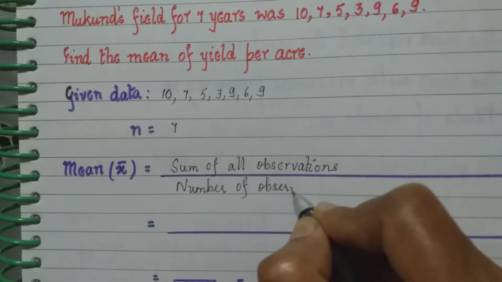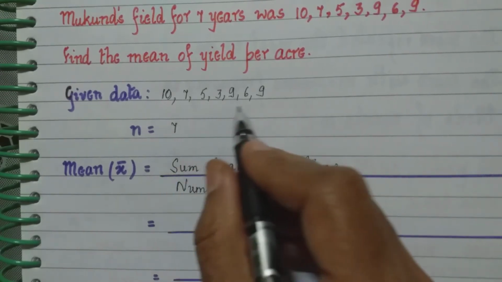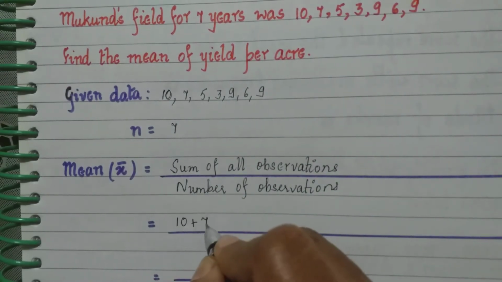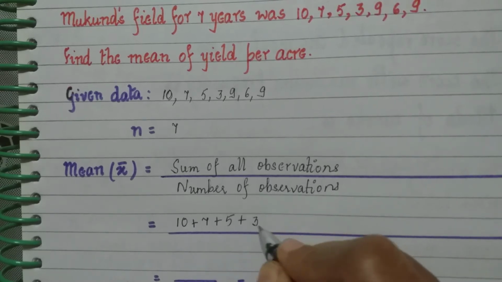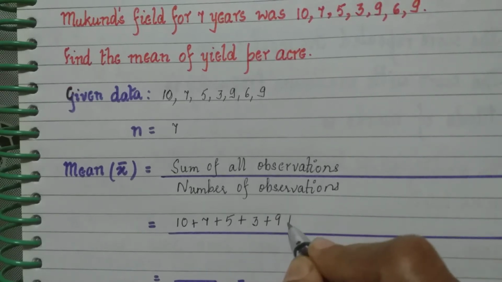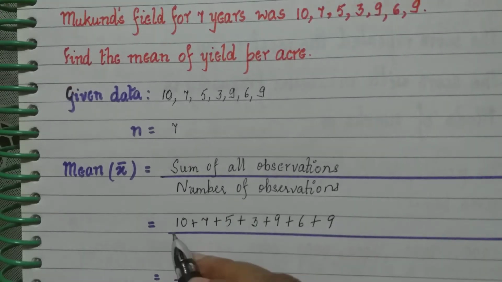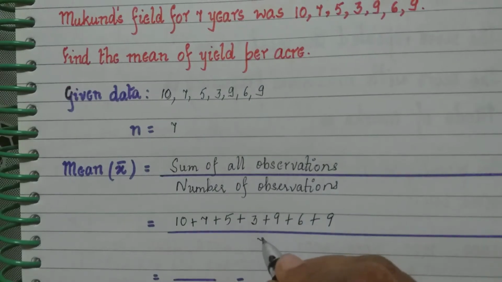Now when we say sum of all observations, the scores what we have got here, we have to add 10 plus 7 plus 5 plus 3 plus 9 plus 6 plus 9, upon the number of observations, that is n, which is 7.